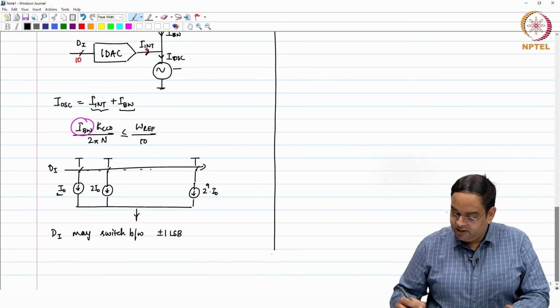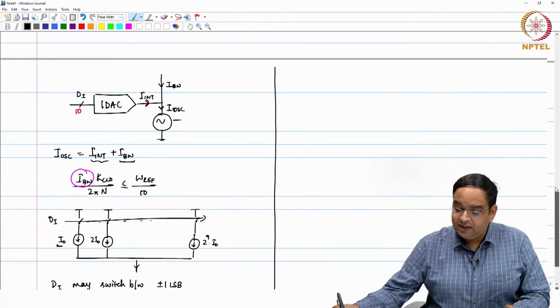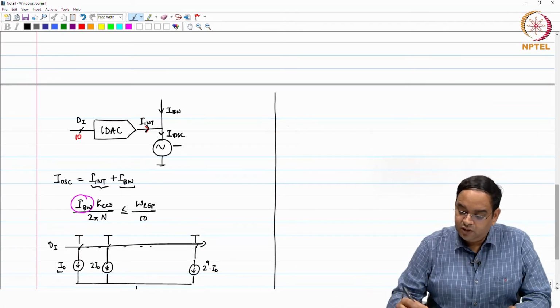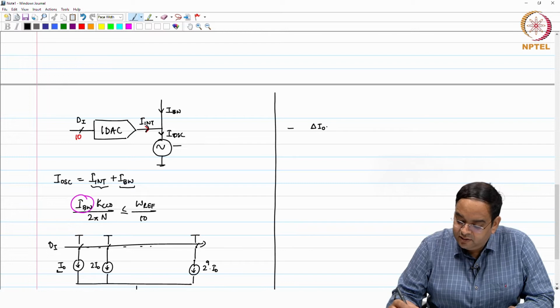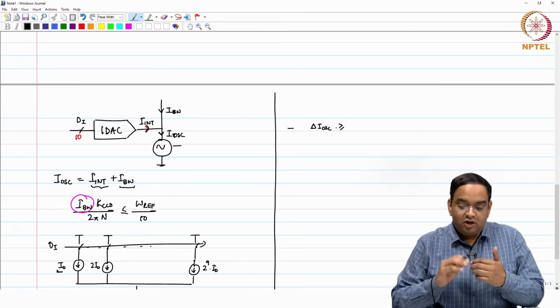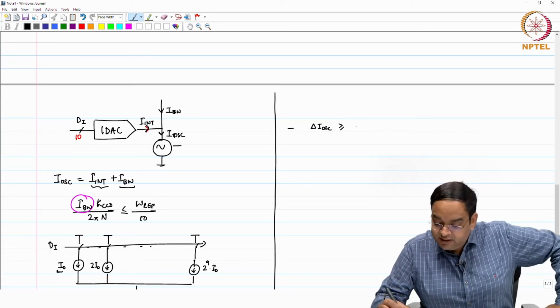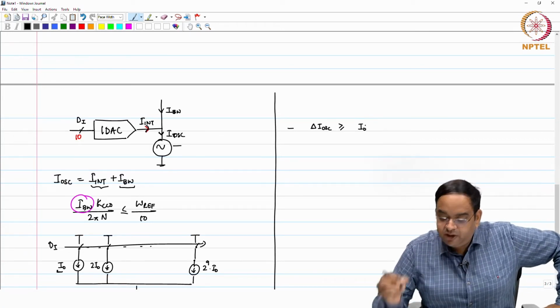From the integral path point of view, delta I oscillator will always be greater than every clock cycle. Your delta I oscillator is changing by I naught.